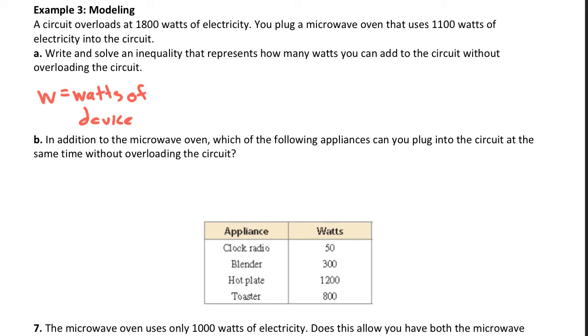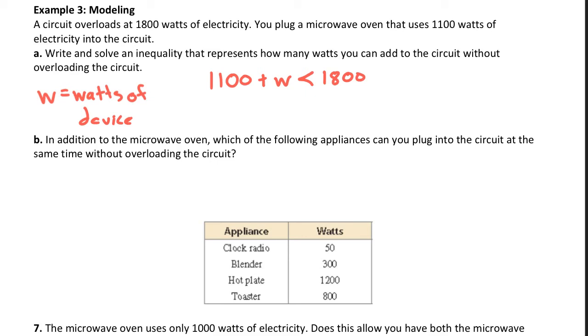So I have my 1100 watts of my microwave plus however many watts of the device I add to the circuit, and it overloads at 1800. So we know that this total wattage that we're creating has to be less than 1800 because it overloads at 1800, so it can't reach 1800 watts.